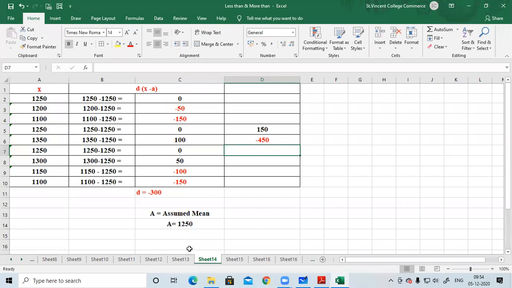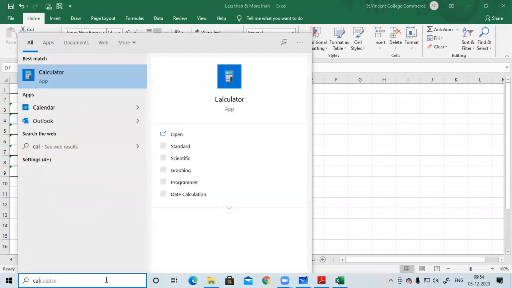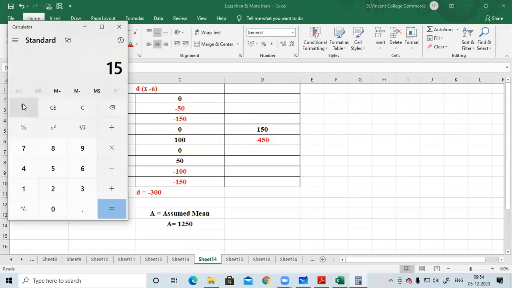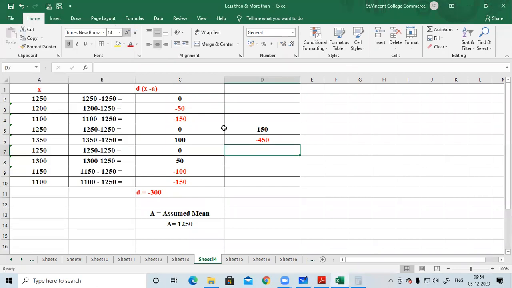I will show you right away. Do you see I get the answer as minus 300 on the screen here? No problem. Let it be minus. There is no rule that it always has to be positive.